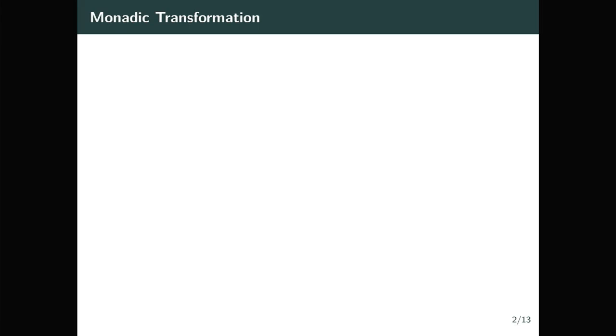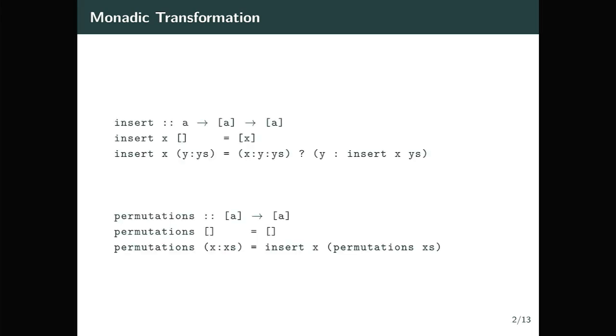So how could we do this? This is a basic overview of how we can transform this program into a monadic program. The first step you may think of is that we need some kind of non-determinism in the result of our function, so we introduce this functional logic monad.